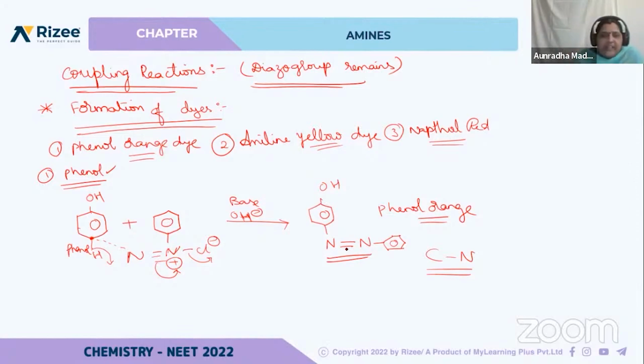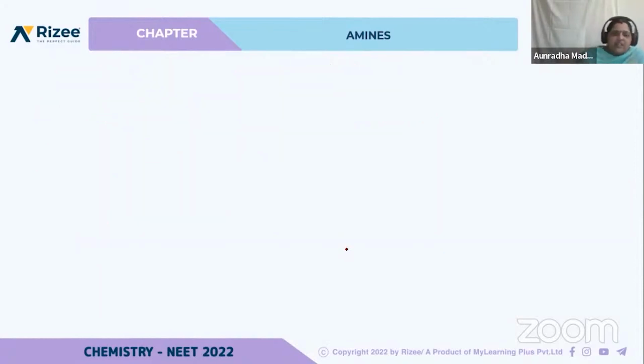So let's see the mechanism. I'll explain one mechanism; for the remaining two, the mechanism is the same as this one. So what we are going to take here: phenol and our OH minus.